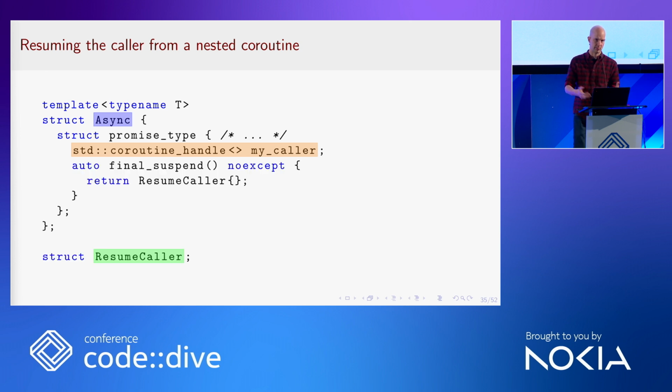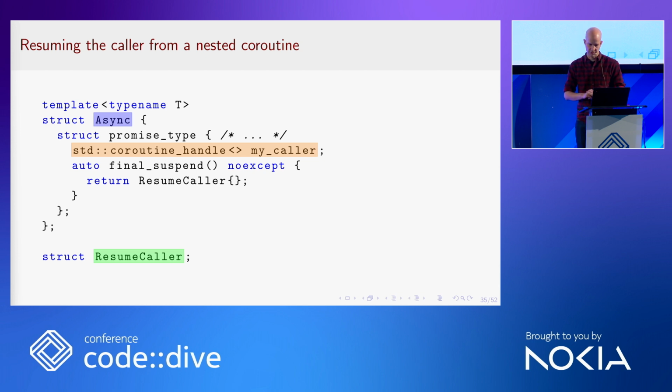That's the customization point that will get called when the inner function reaches the end of its body, when it returns a value or when it falls off the bottom of the function. The final suspend allows us to return an awaitable that the compiler will then call co_await on. And that is the mechanism that we use here to transfer control flow.